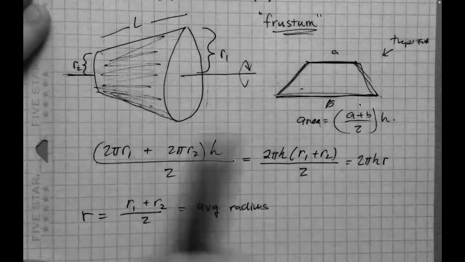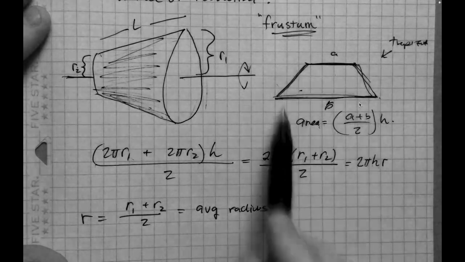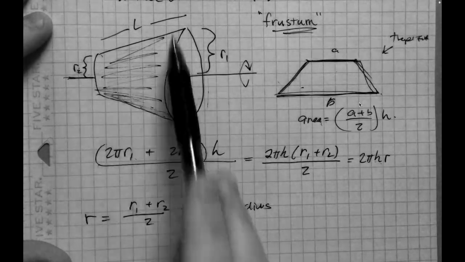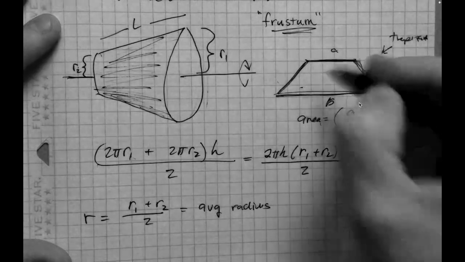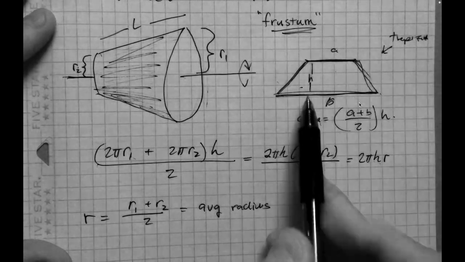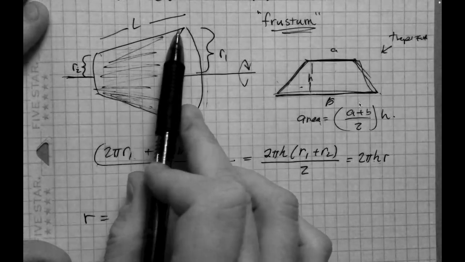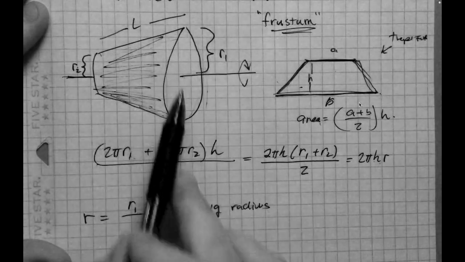And one other thing here. Instead of h, h is the trapezoid concept. Over here, what should the h be? Over here, h is this L. It's the distance between the two parallel sides. So over here, L is going to be the distance between the two parallel surfaces.